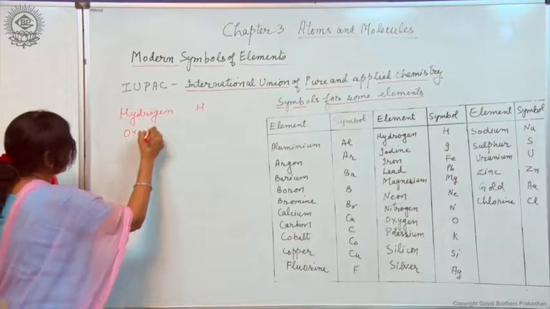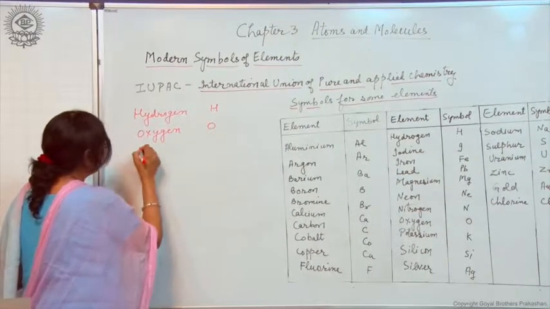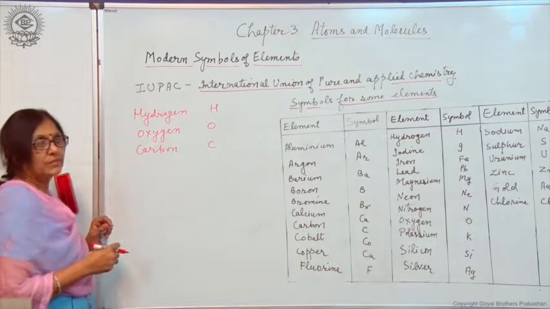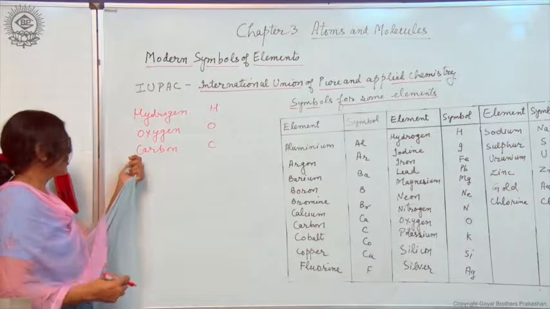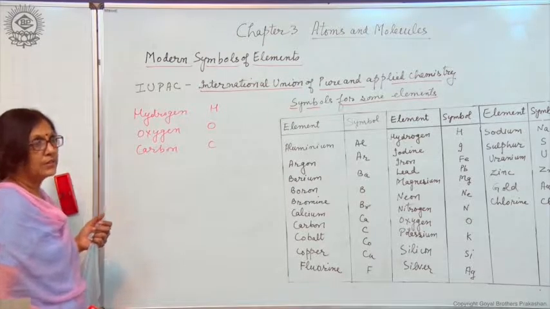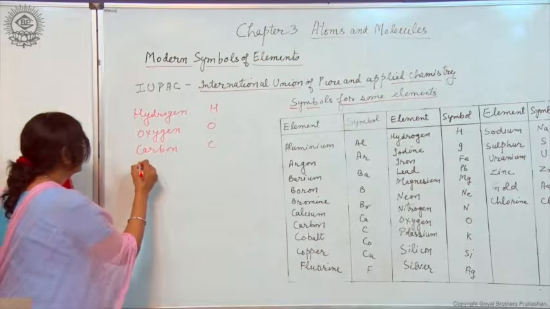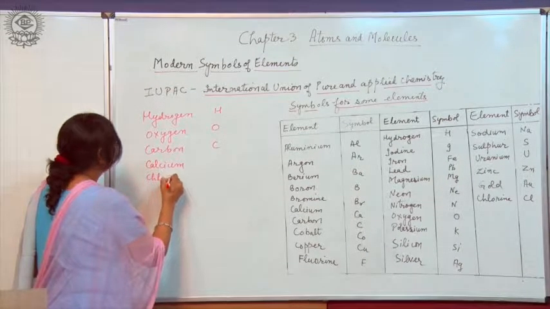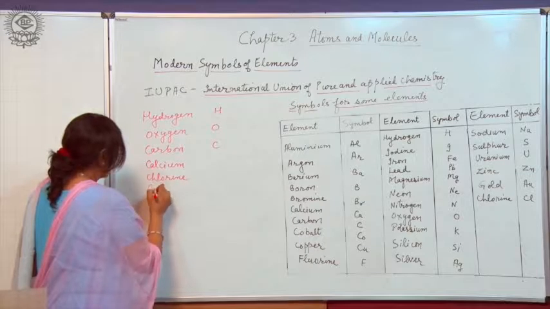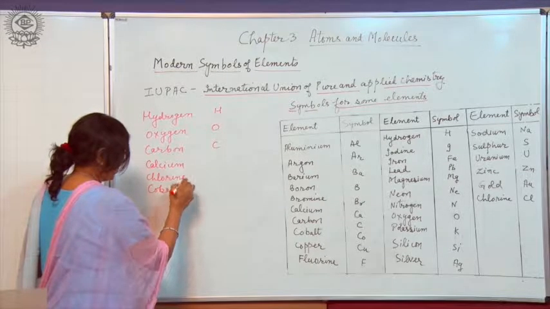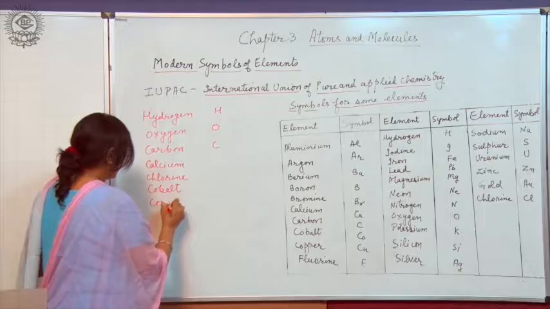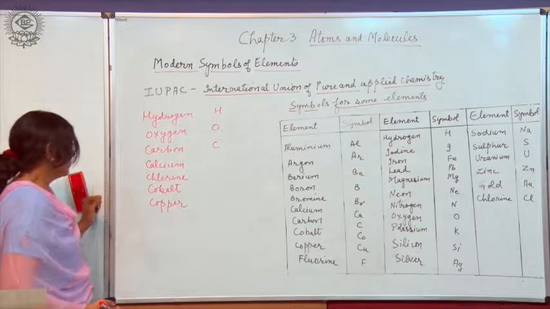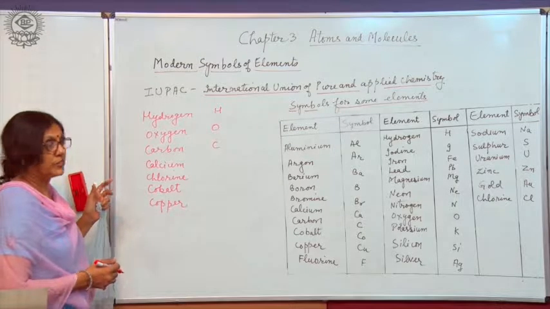Oxygen, symbol is O. Carbon, the first letter, the symbol is C. Now there are some elements which start with the same letter C, like calcium, chlorine, cobalt, copper. Now all these elements are starting with the same letter, so they cannot have the same symbol.